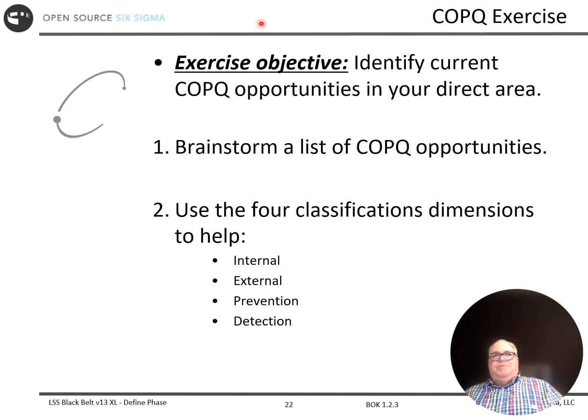All right, so while the subject is fresh in your mind, take a few minutes and identify cost of poor quality opportunities, either in your current area of responsibility or for the project that you've already been assigned to work through. Use the previous slides to help you. Look at the iceberg and some of the slides before that for the different categories, and just brainstorm a list of some of the COPQ opportunities that you think you could address by a current or a future project.